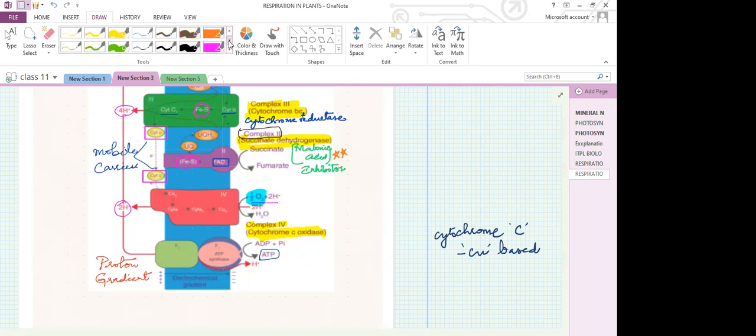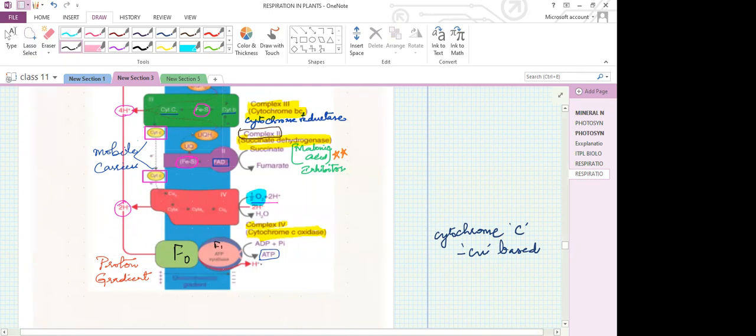They are present in the membrane of the cristae, where F0 acts as an embedded proton channel, and this is the catalytic site which acts as ATP synthase.